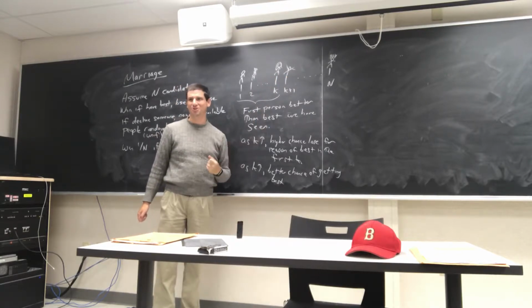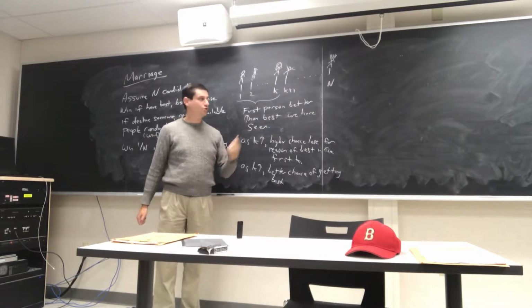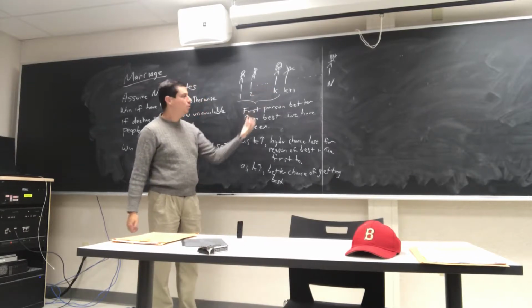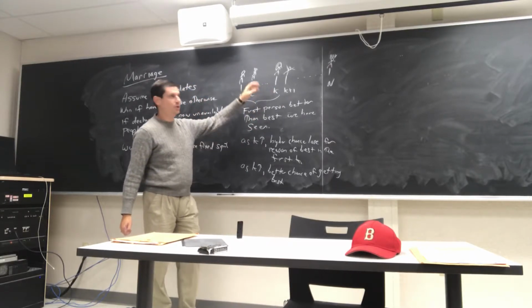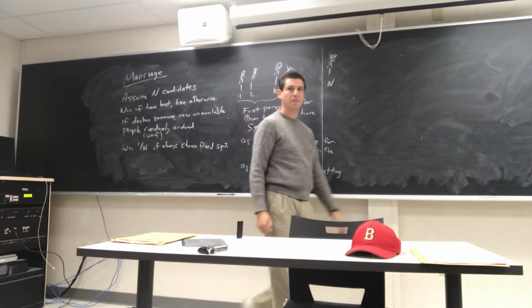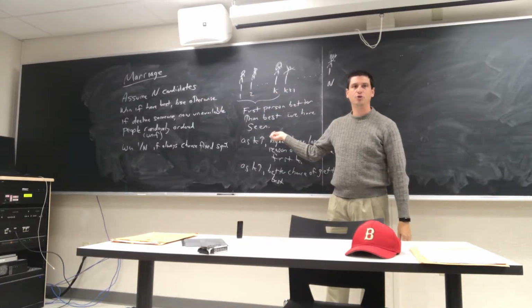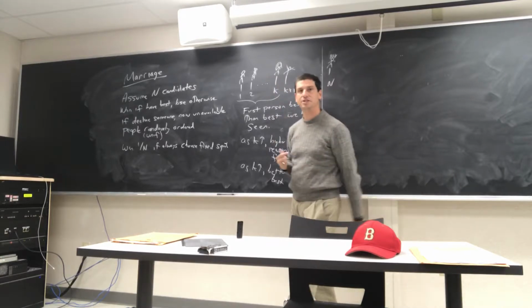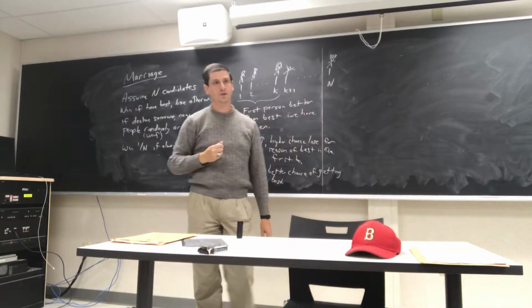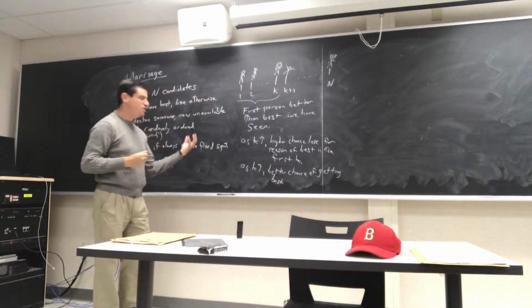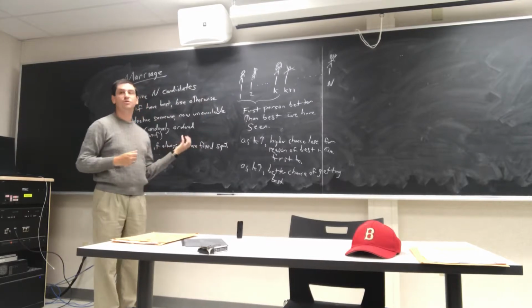But it costs you. And so the hope is that there is some k which is large enough that you will have a good chance of getting the best person, but small enough that you don't have too much of a chance of automatically losing because the best person is now unavailable. So when you see a problem like this, do you think you can get 1 over square root of n?